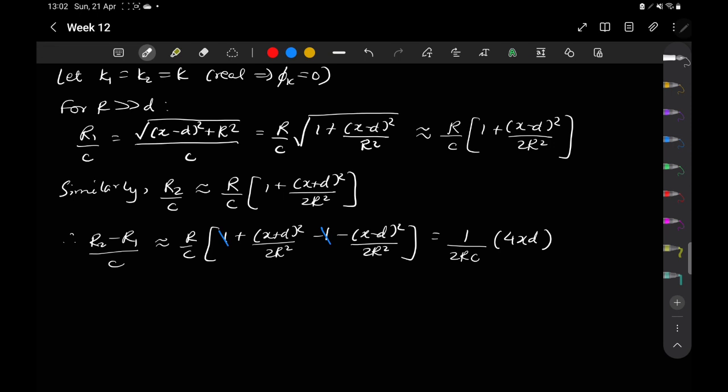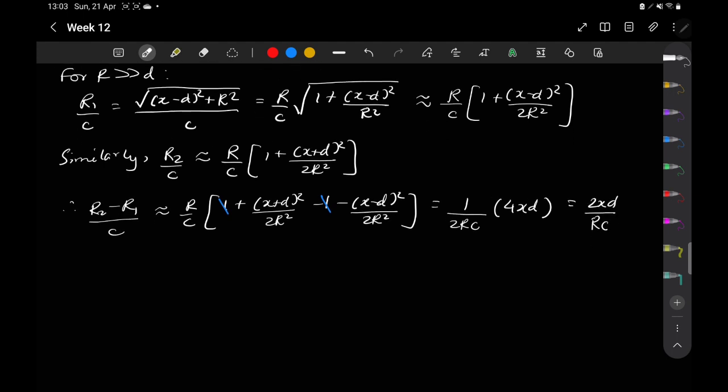The individual squares cancel out and the cross term survives, giving 2xd plus 2xd, which is 4xd. So this is 2xd over rc.